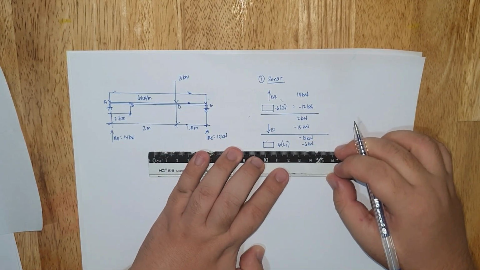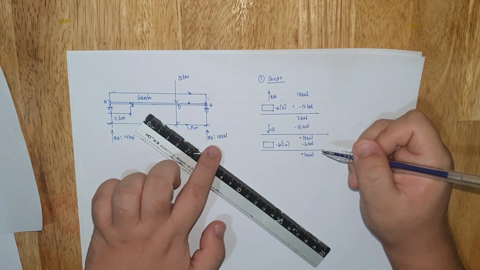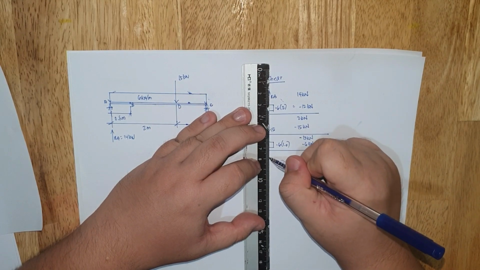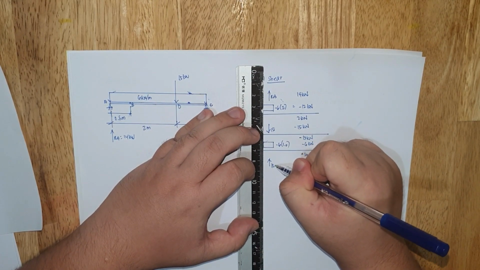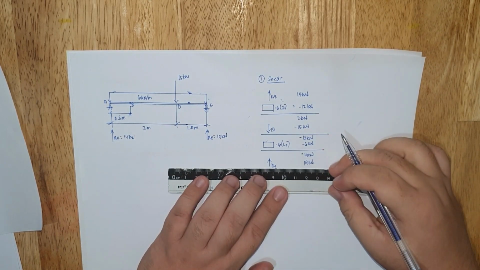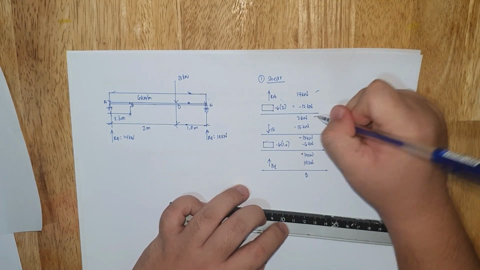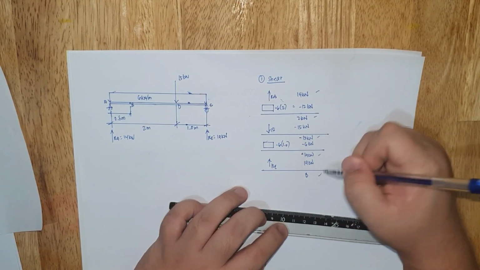So yung total nito magiging negative 19 kilonewtons. Then last natin is yung reaction natin at E na 19 kilonewtons. Okay, so 0. So yung pa-plot natin is itong may mga check na to.